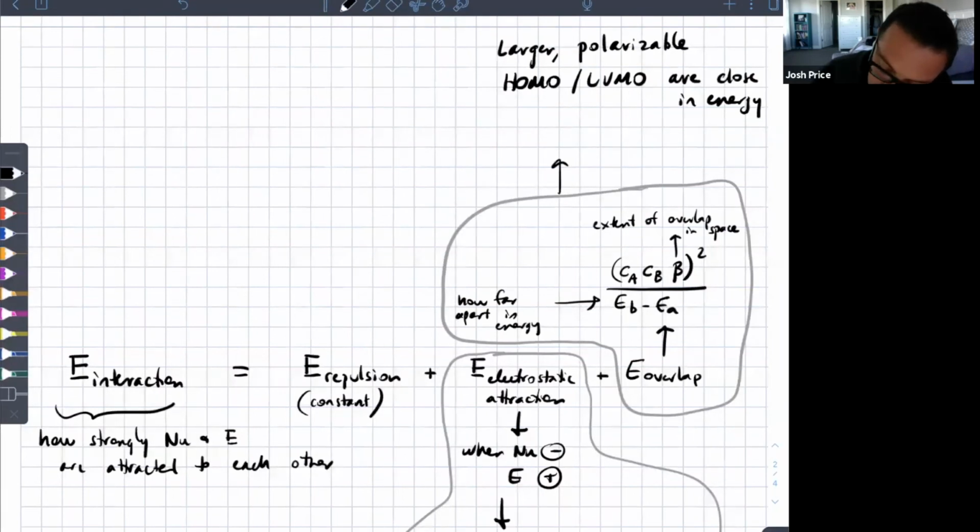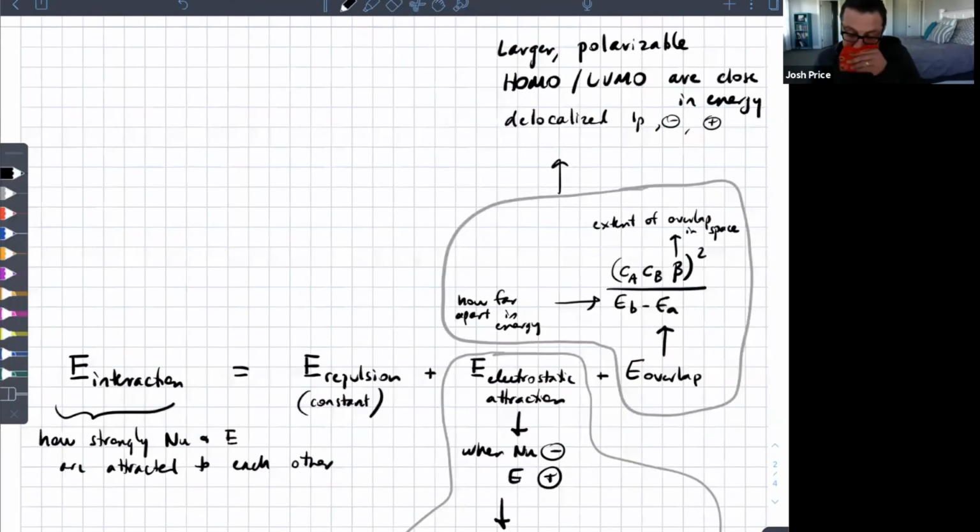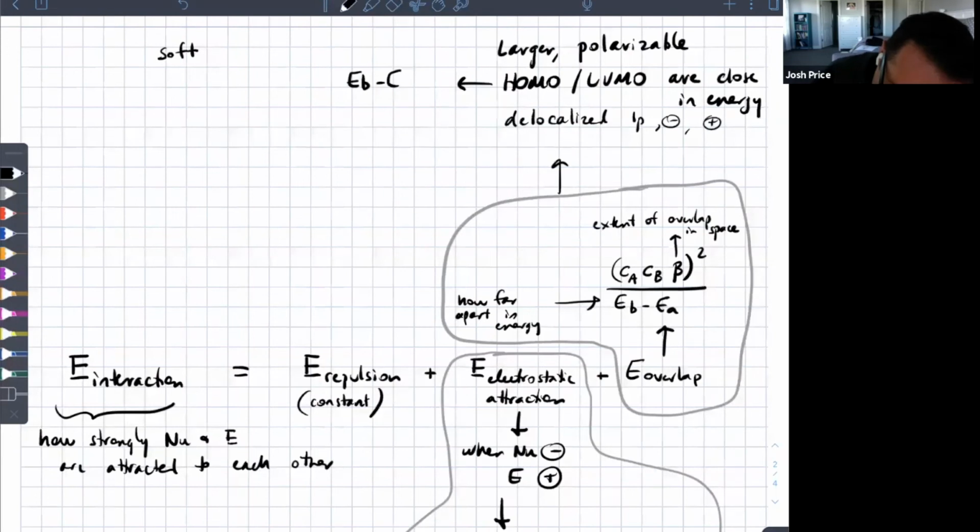Large soft electrophiles tend to have delocalized lone pairs or negative charge or positive charge, depending on whether you're talking about nucleophile versus electrophile. Because HOMO and LUMO are close in energy, the EB minus EA term in the overlap energy is small.